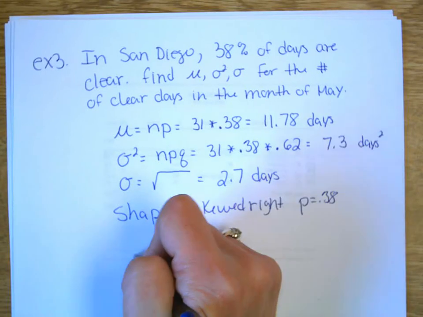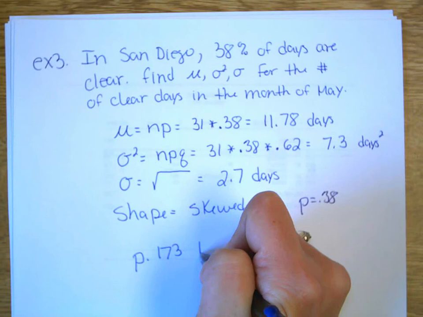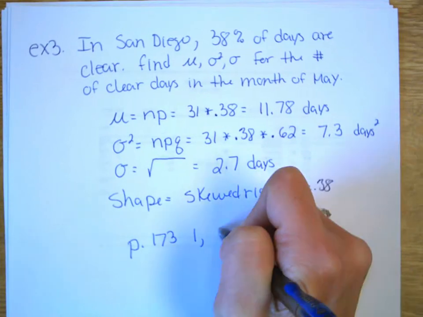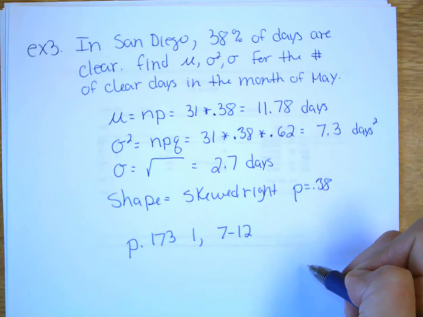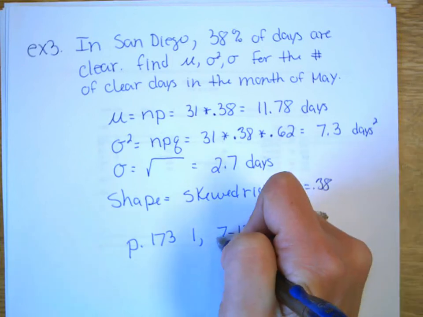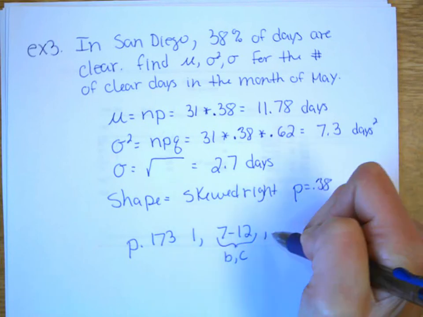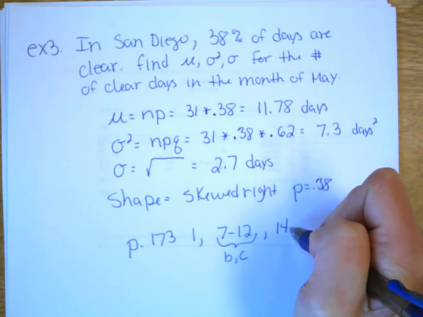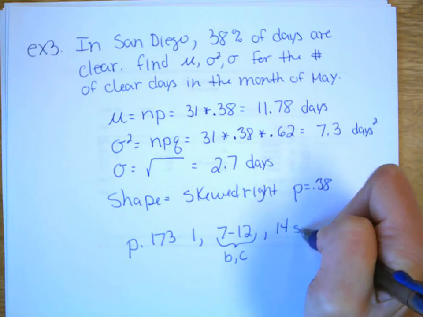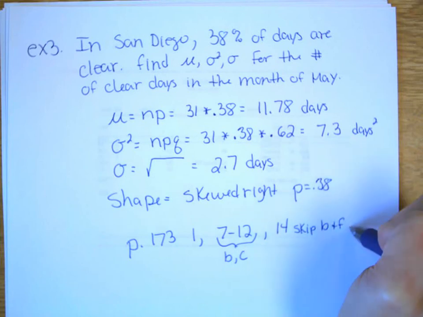Let's see, page 173. Problem number 1, 7 through 12, you're going to pick up parts B and C. Number 14, skip B and F. So 7 to 12, B and C only?